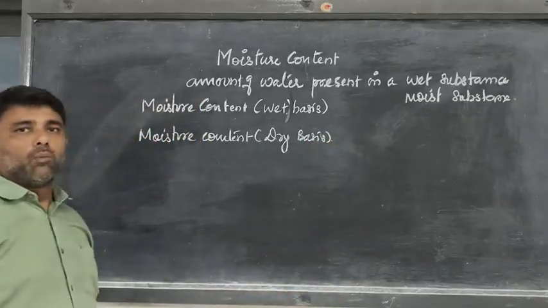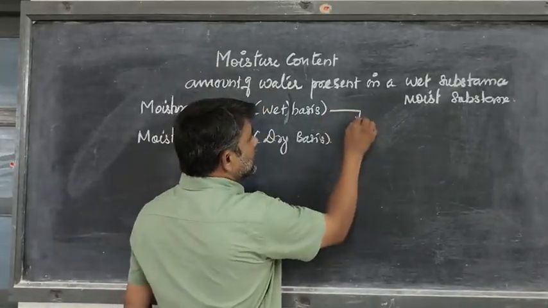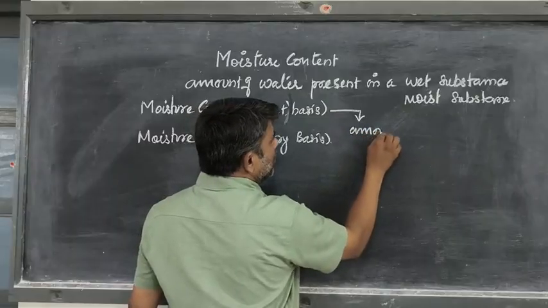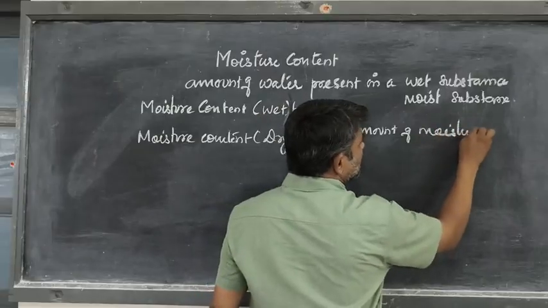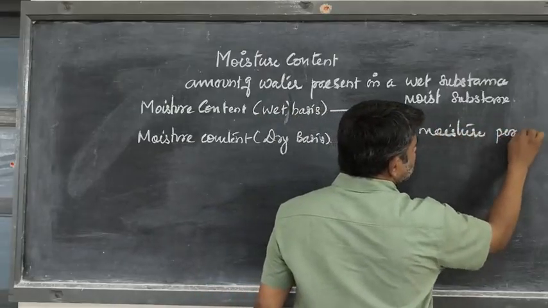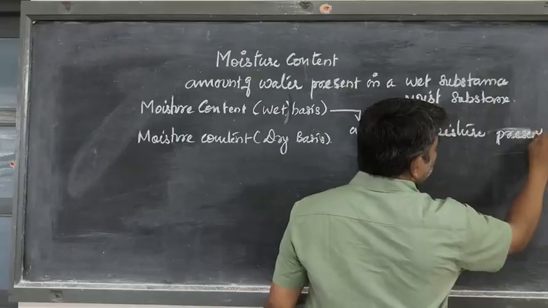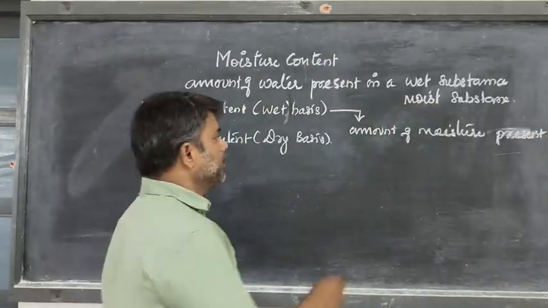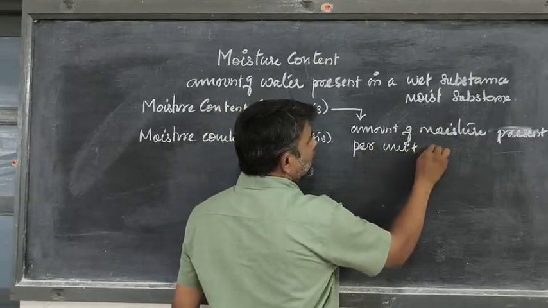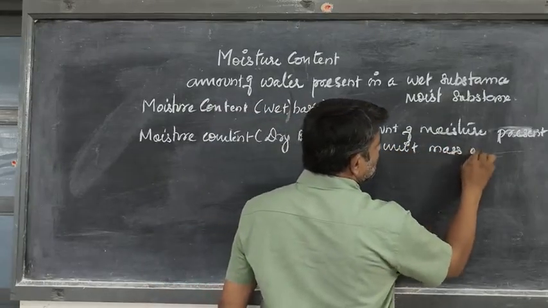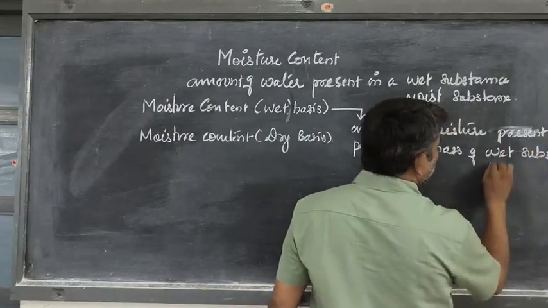Clear? Moisture content in wet basis is the amount of moisture present per unit mass of wet substance or moist substance.